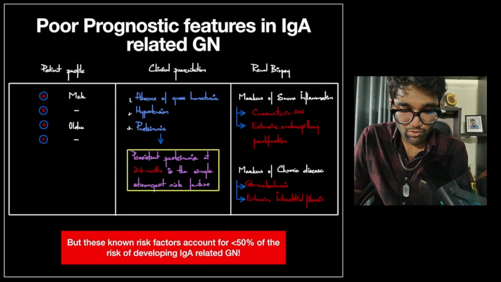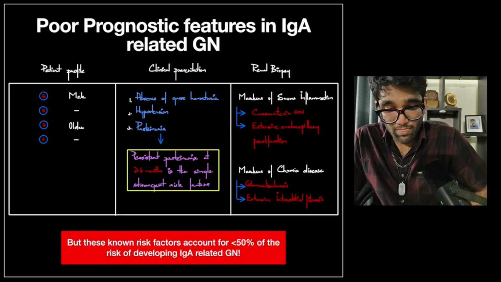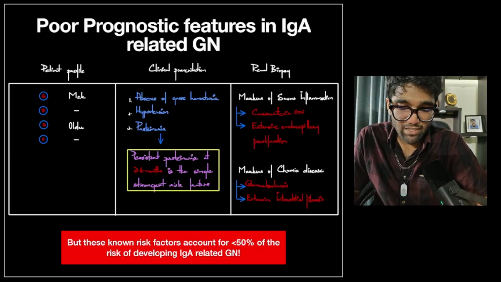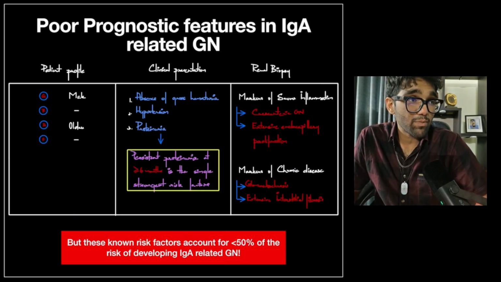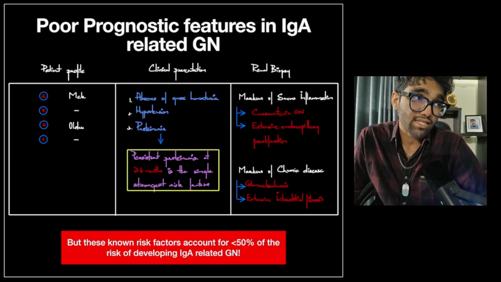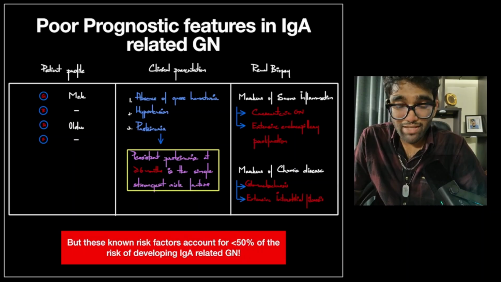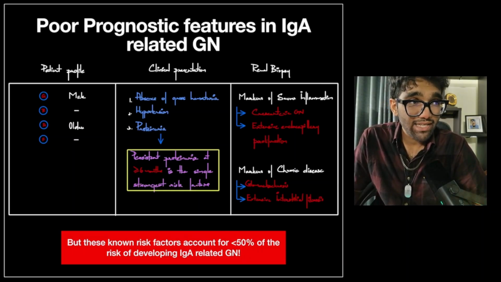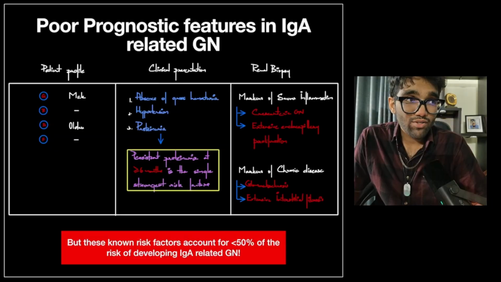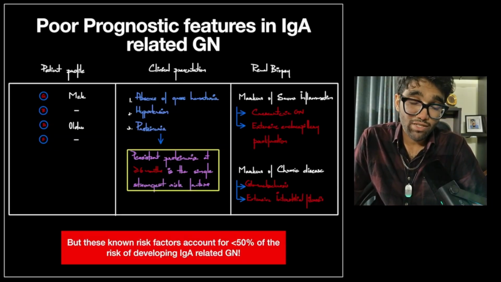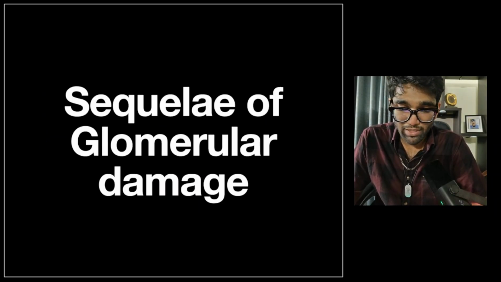Okay. Now, importantly, these risk factors account for less than 50% of the risk of poor prognosis in IgA nephropathy. So actually, you really cannot predict with IgA nephropathy. It's one of those diseases where patients with multiple poor prognostic factors may actually show significant improvement, and patients with very few poor prognostic factors may have a very poor clinical course.